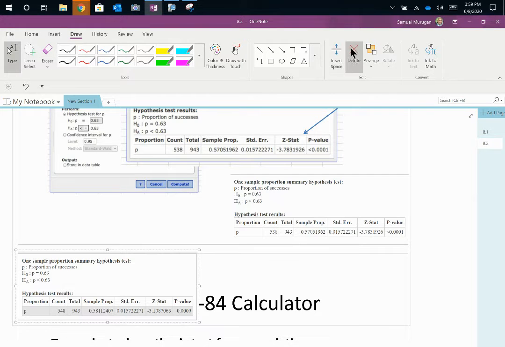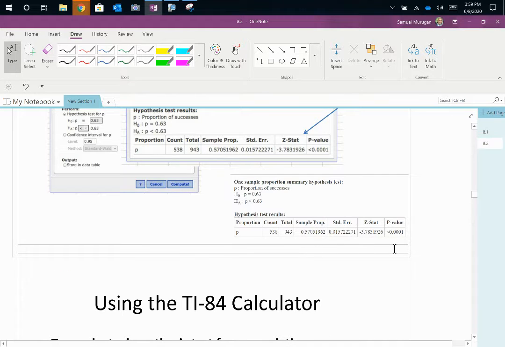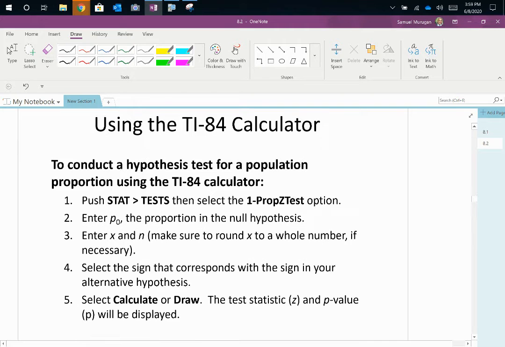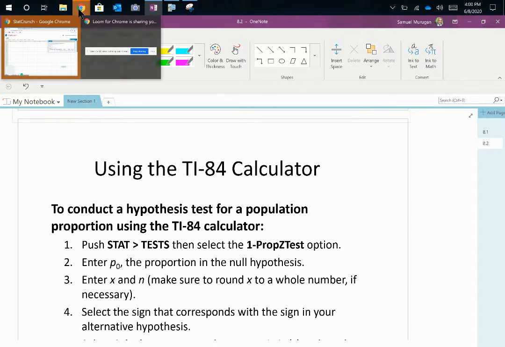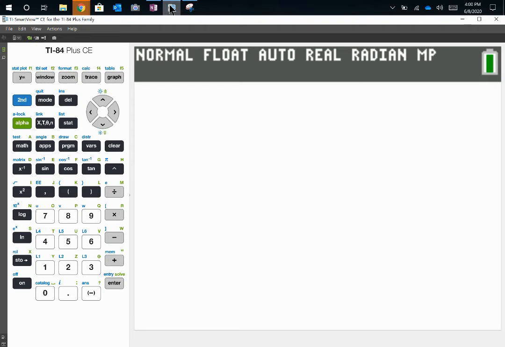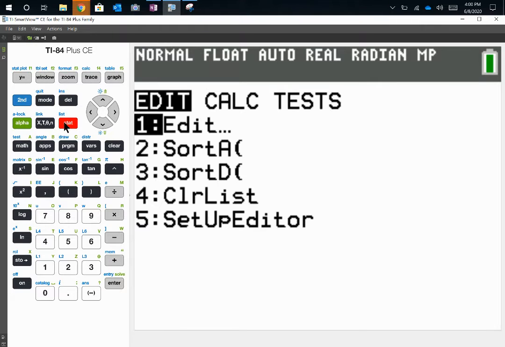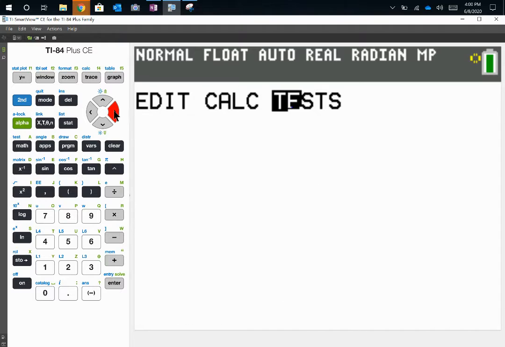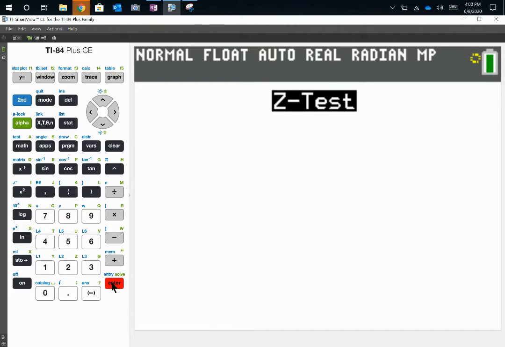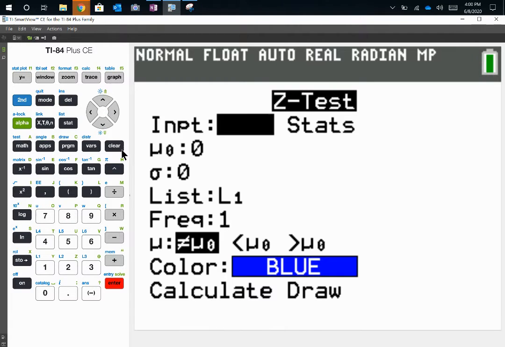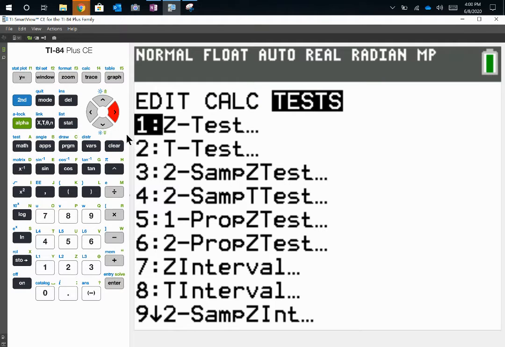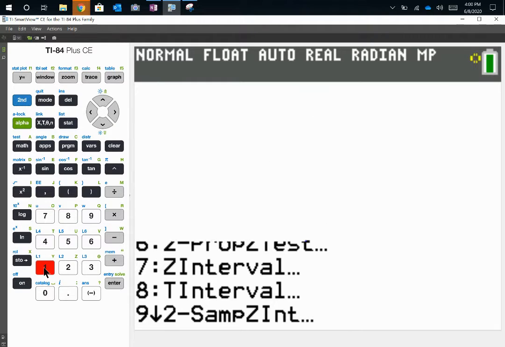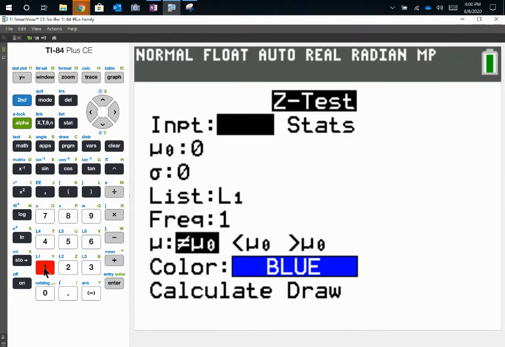So let me show you the TI-84 as well. To use the TI-84 for this, you would go to Stat, scroll over to Test, Enter. Stat, Test, and we're selecting number 5, one proportion z-test.